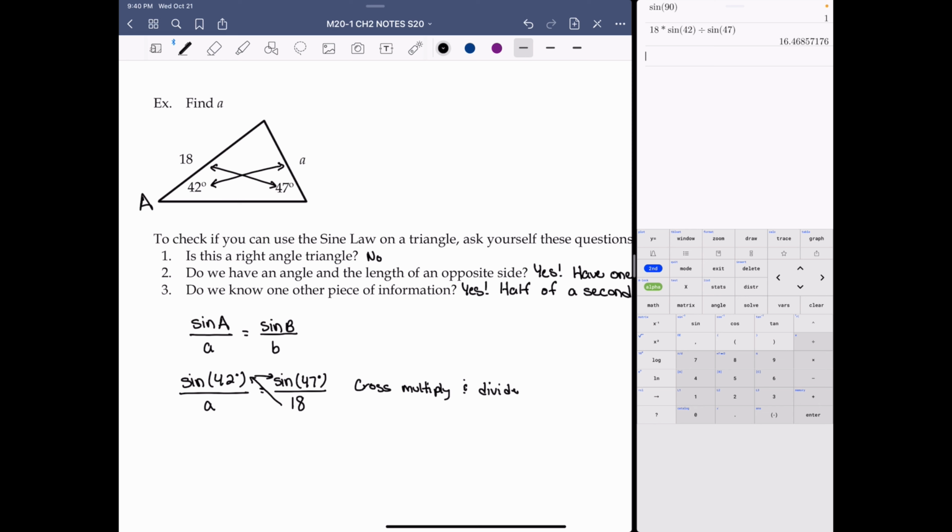And we get 16.4685. Let's round to the nearest tenth, is typically where we round to for side lengths, and the nearest whole number for angles, so 16.5 in this case.